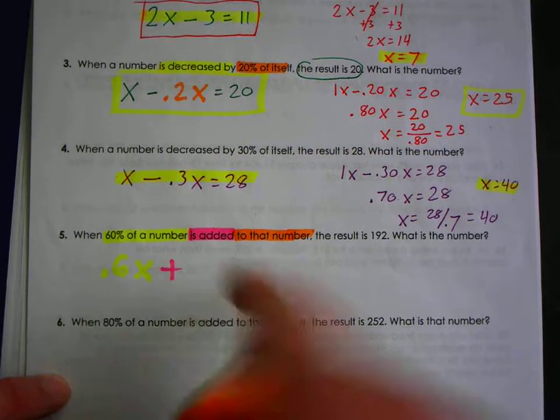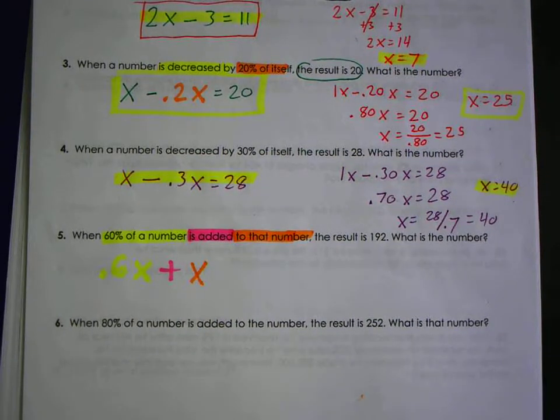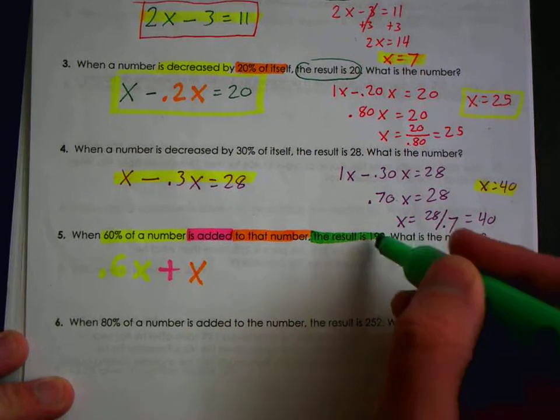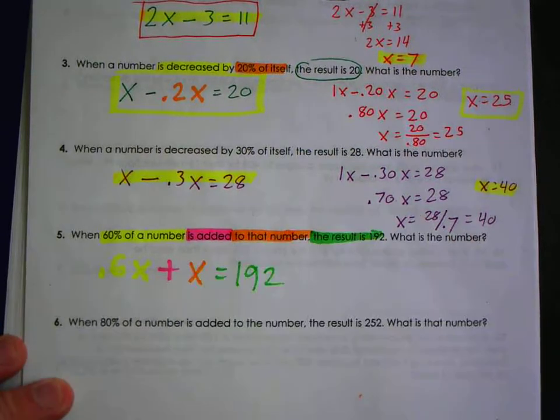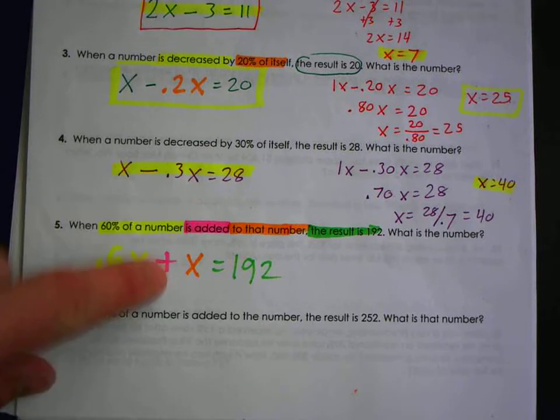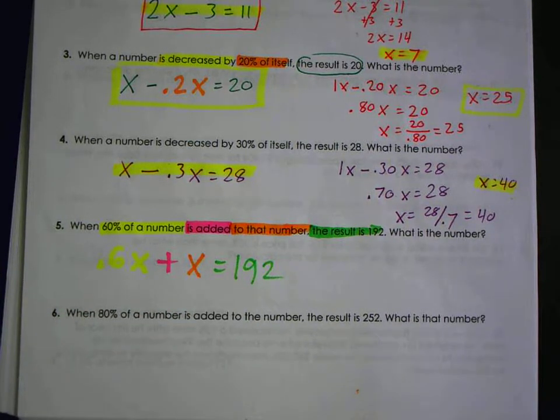To that number would just be x. The result is 192. So 60% of a number is added to that number. The result is 192. So that is my equation.